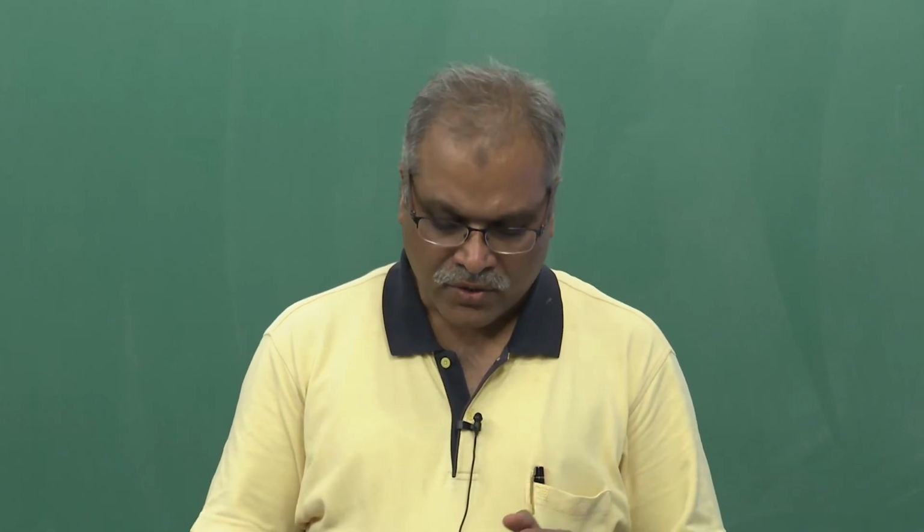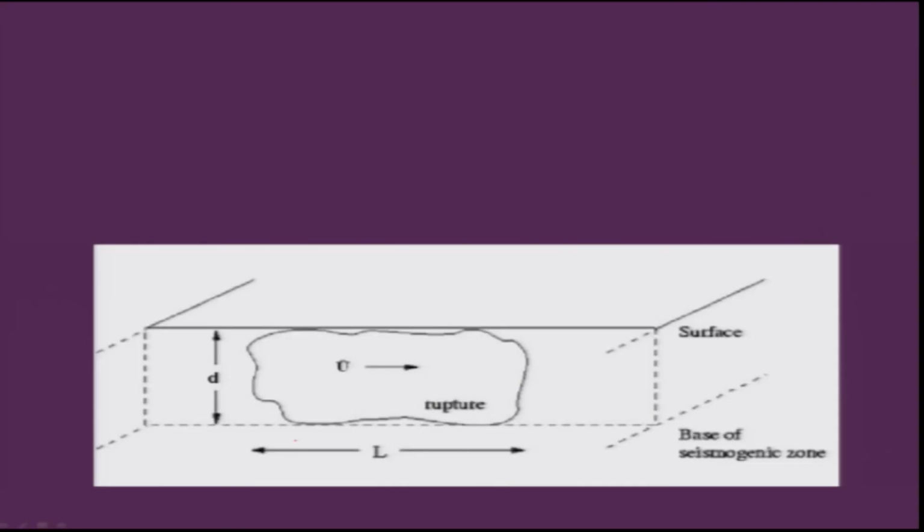Okay, so that is given here. You have the length of the rupture, the depth of the rupture, and in short the slip of the rupture. Okay, so how much slip occurred along the fault, what was the length and what was the depth. If you have these parameters, one can easily calculate the newly developed magnitude.